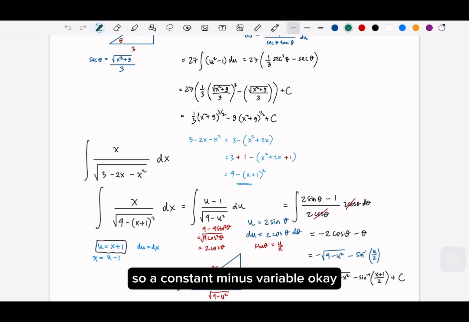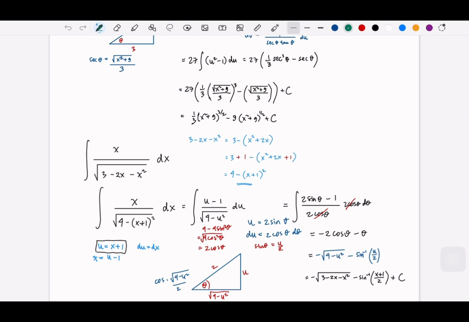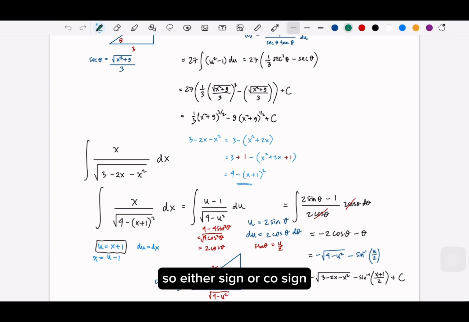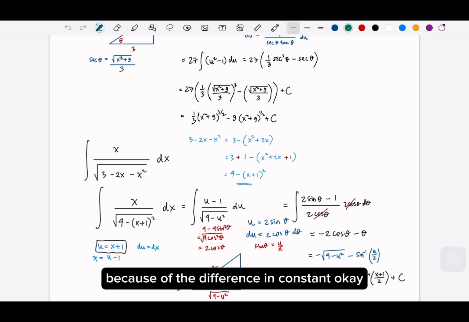So a constant minus variable. So here it can be cosine squared, or this also can be done. So either sine or cosine, they will produce similar results. Or even if it is not the same, it is going to be the same because of the difference in constant.